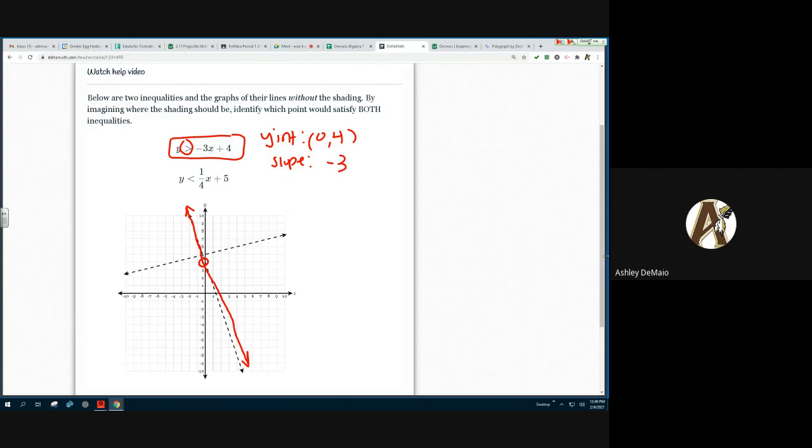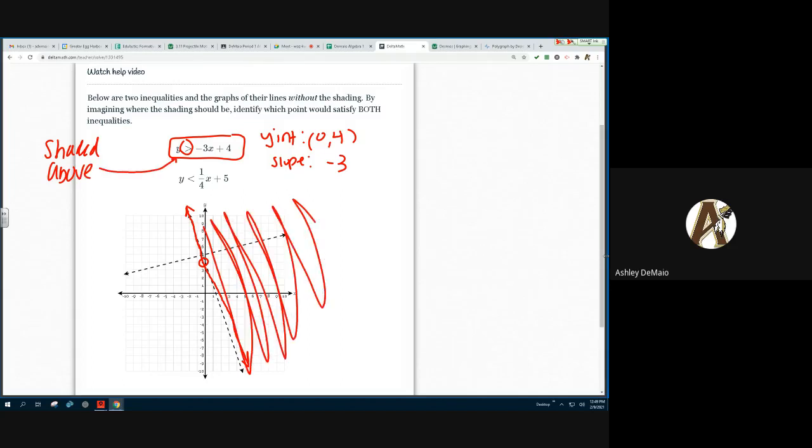So we, again, want to shade it above because of this sign. So I'm just going to do a little bit of shading above in red. So that whole area in red satisfies the first inequality. I'll use blue for this one. And we already know that this is going to be our blue line because we already identified our red line.